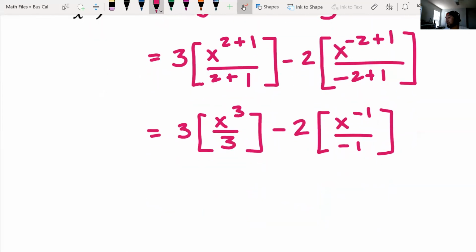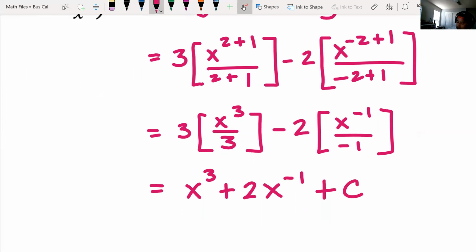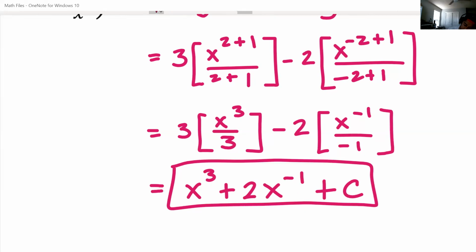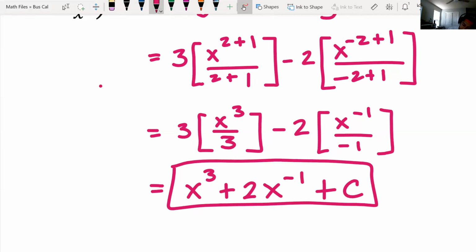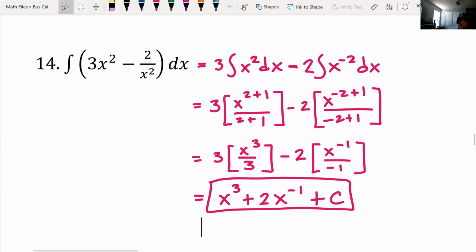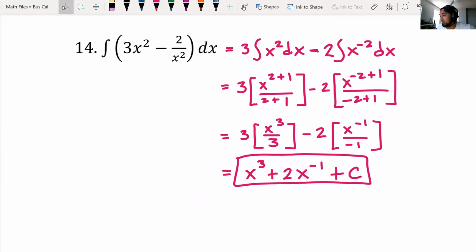Here my 3's will cancel. So 3x cubed times 3, you just get x cubed. And then this negative over that negative will become positive 2x to the -1 plus c. All right, not bad.